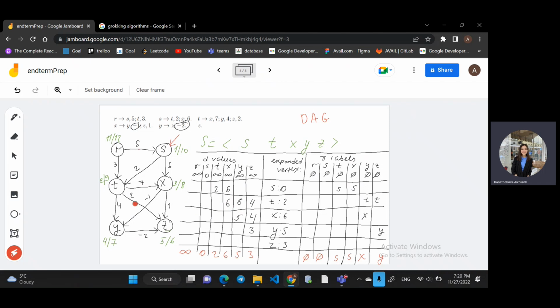But this is different in case of y, because you say it's 2 and it's 4 and it gives us 6, and 6 is smaller than infinity. That's why you keep it. The same goes for z.